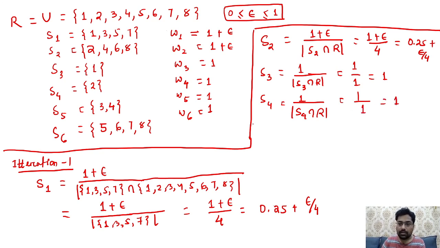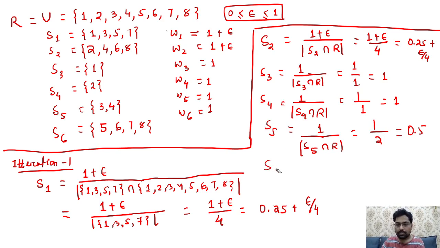Next for S5, 1 by S5 intersection R, which is 1 by 2, that is 0.5.